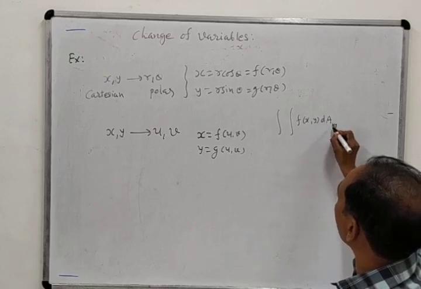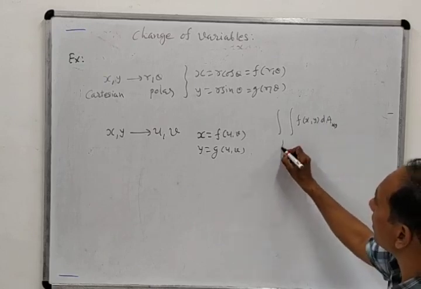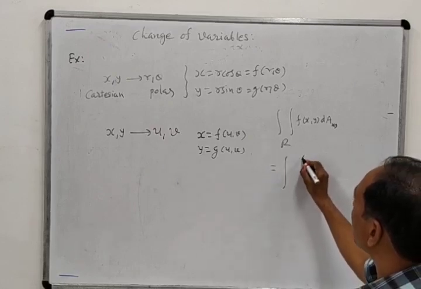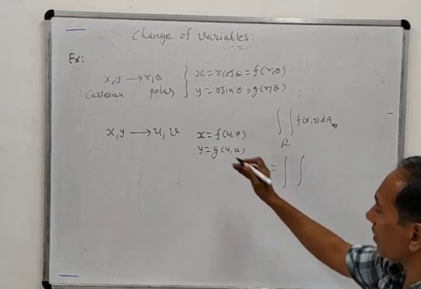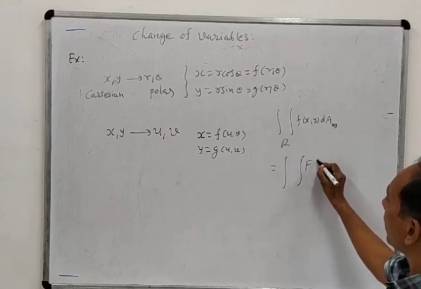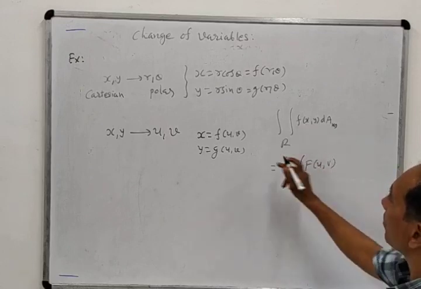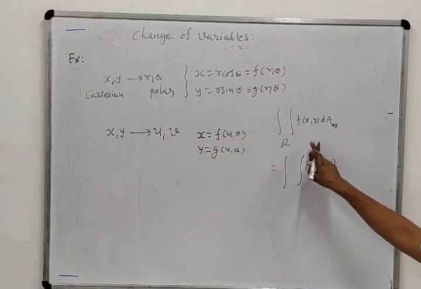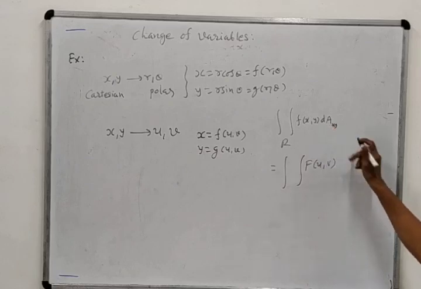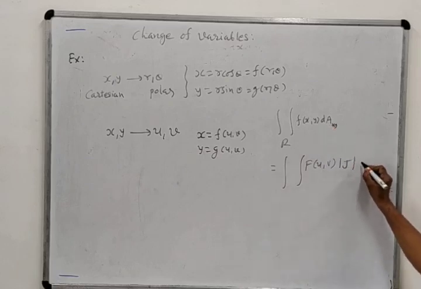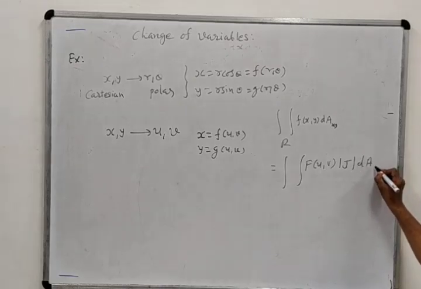This is x y because it is dx dy or dy dx over R. Then we have seen that if we want to convert this into u and v variables, then this will be converted into another function of u and v, because if we put this relationship into this, then it will become a function of u and v, and there dA of x y becomes modulus of Jacobian J into dA u v.